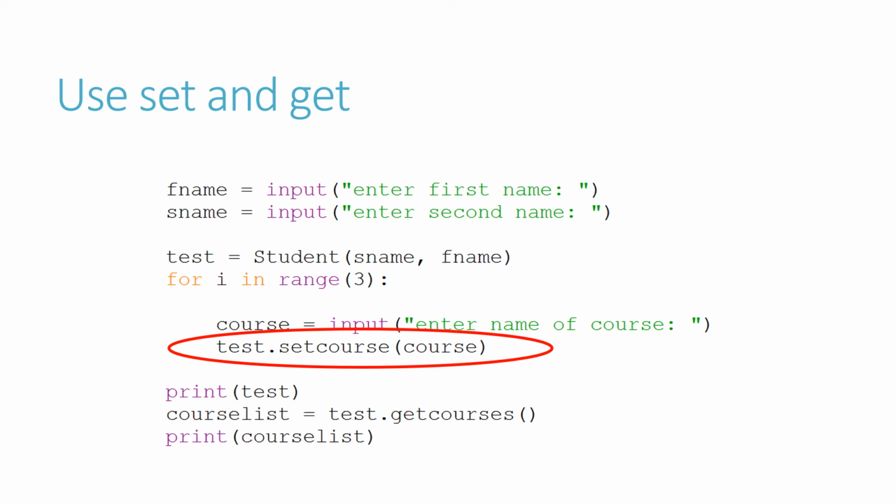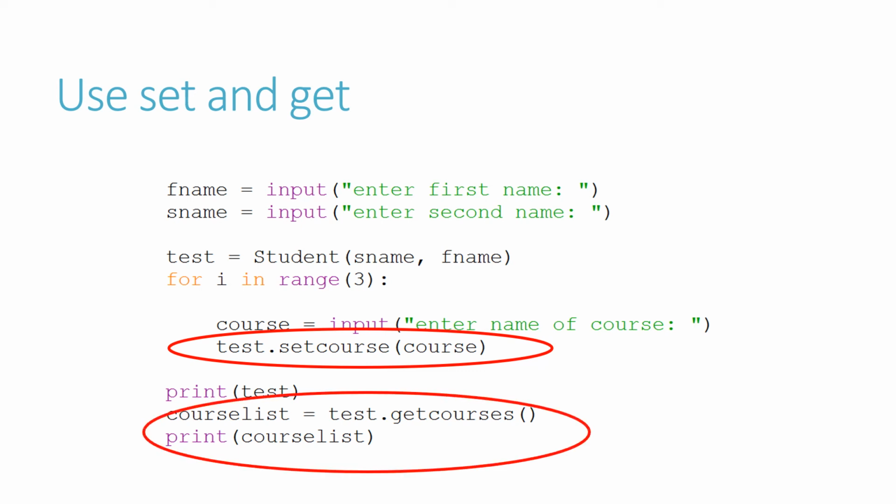And when we need to print out the list of courses, we're using a get procedure to return the list of courses, and then we're printing out that list. You could condense that into a single line if you wanted to. So you can see that we've had to change the program just a little to use get and set procedures instead of accessing the course list directly. And this is how encapsulation works.